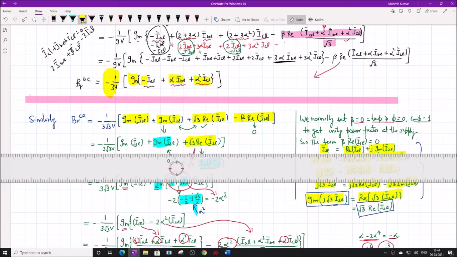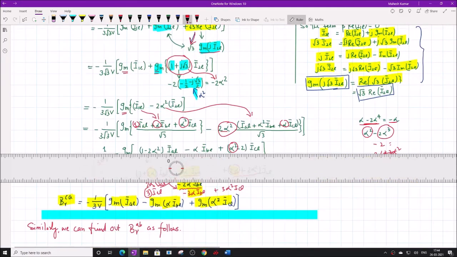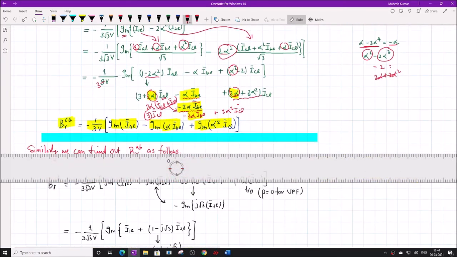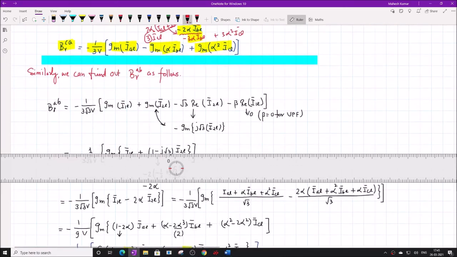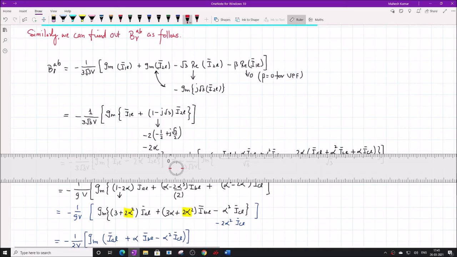Next time this minus goes here, next time this minus goes here, so that you can see that once we derive it, you can see the minus sign is here. So this minus has come here, alpha IBL plus imaginary of alpha square ICL. Similarly, we can find B gamma AB. B gamma AB is the same expression except this is minus.